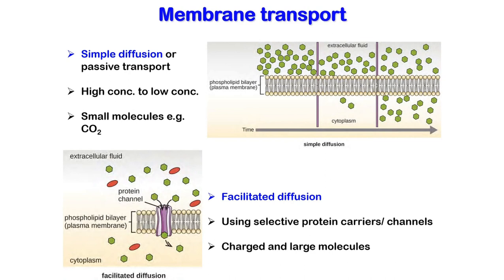This process doesn't require energy and doesn't require a protein channel or a pump. Here we're talking about small uncharged molecules that can pass easily through the phospholipid layer, and lipophilic molecules also can pass easily through the membrane in this way.